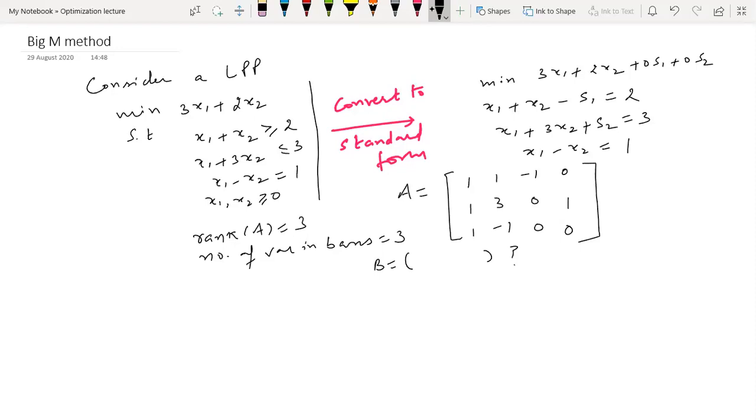Okay, so what variables here? Because if you see, we do not have an identity matrix here.